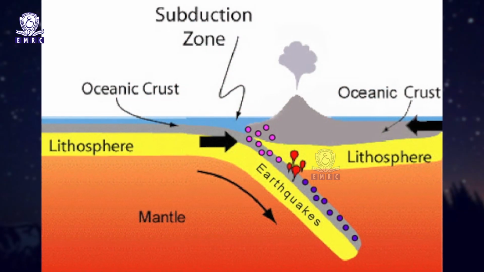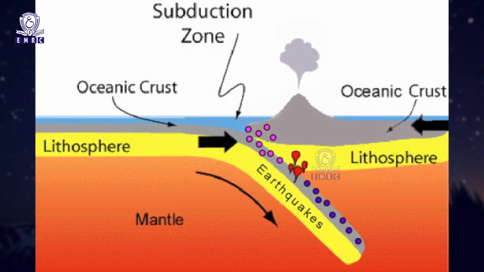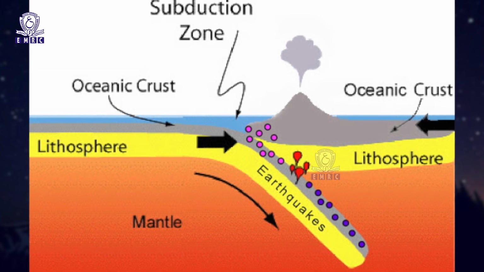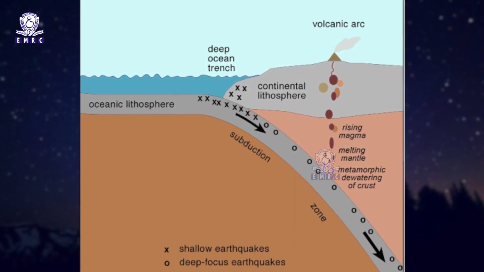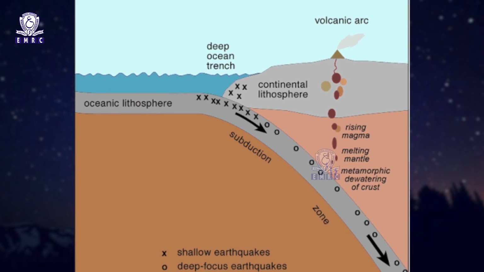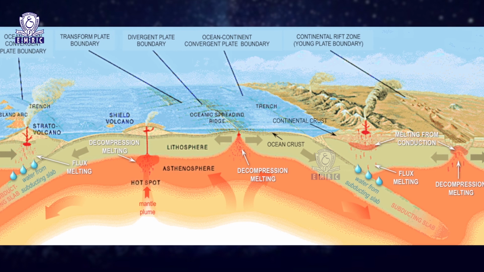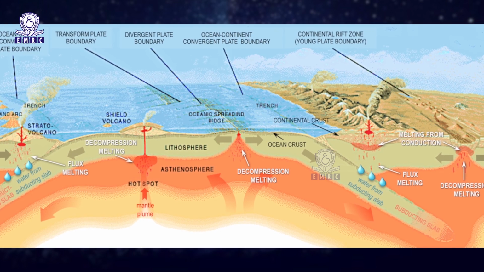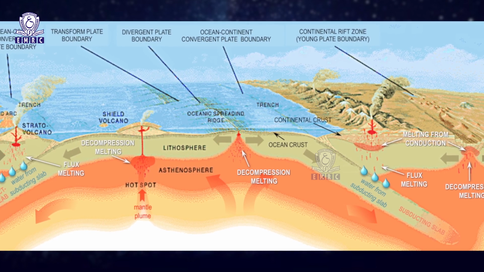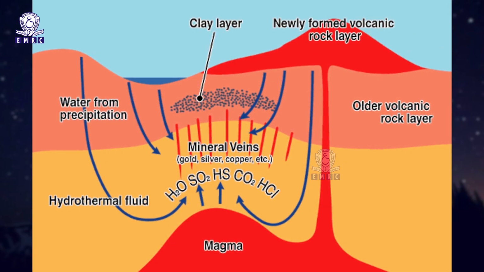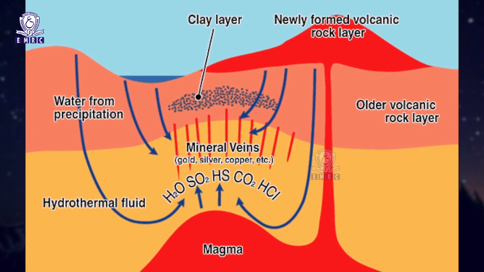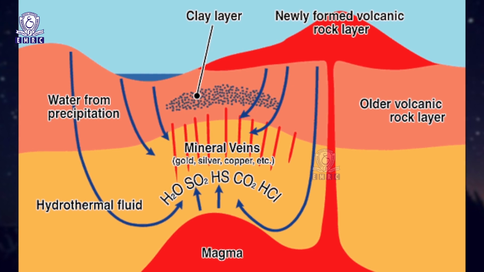When two convergent plates collide along the subduction zone, the heavier or denser plate is subducted below the comparatively lighter plate. The subducted plate margin, after reaching a depth of about 100 kilometers or more in the upper mantle, is melted and thus magma is formed.